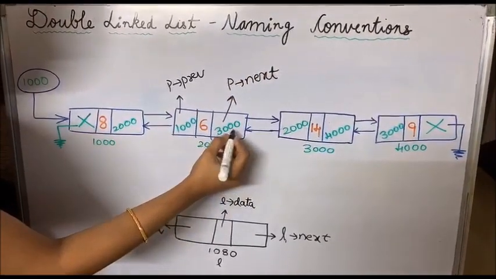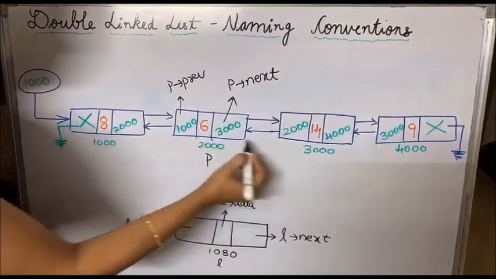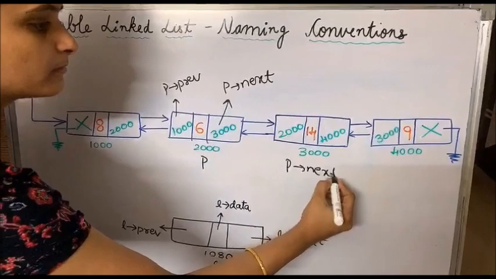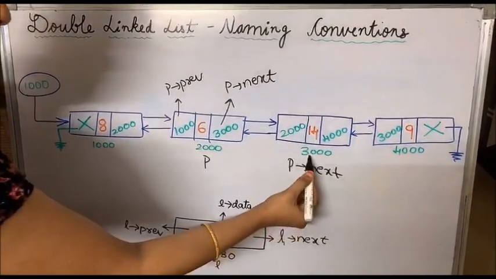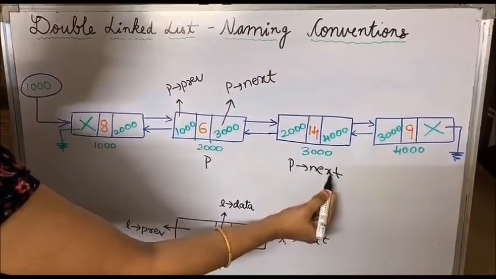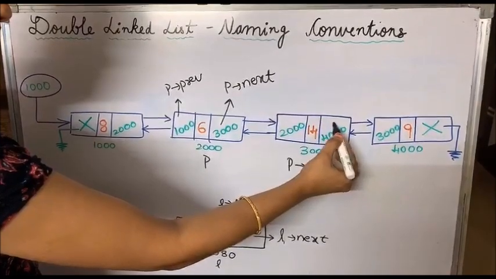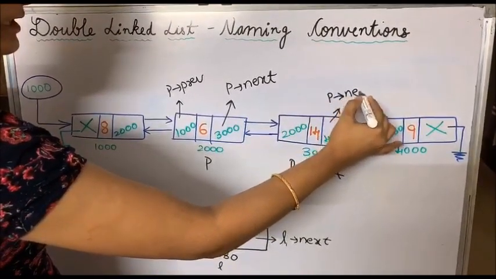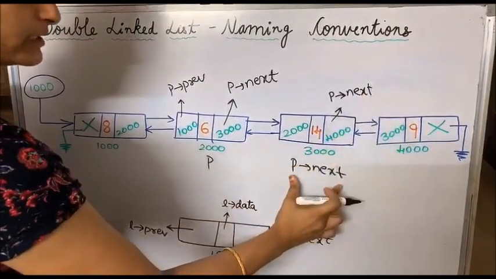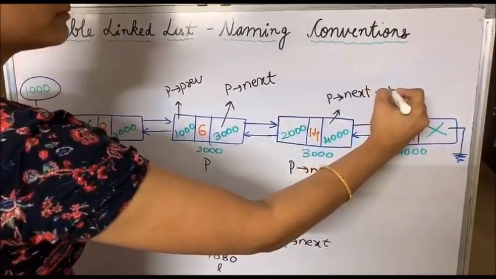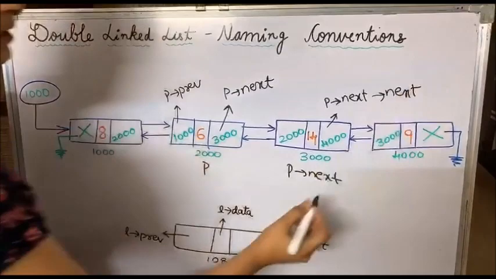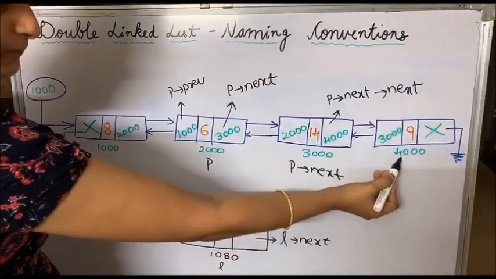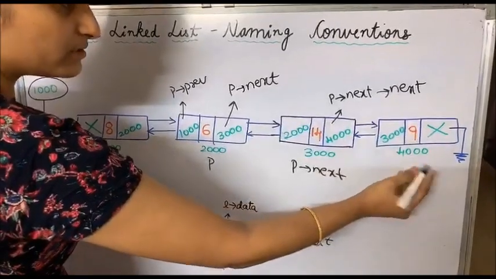If 3000 name is P next, obviously the next node name will be P next. If 3000 name is P next, what will be the name of the third field here? It will be P next, next. So 4000 name is P next, next. So this node name will be also P next, next.